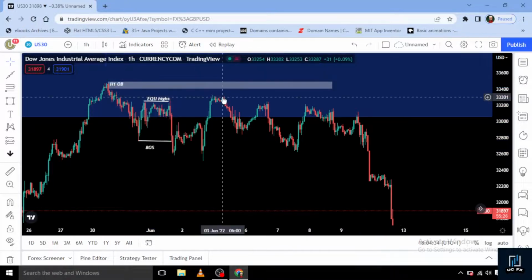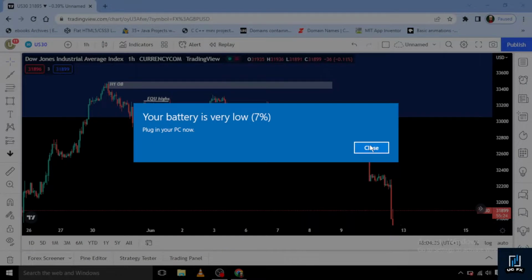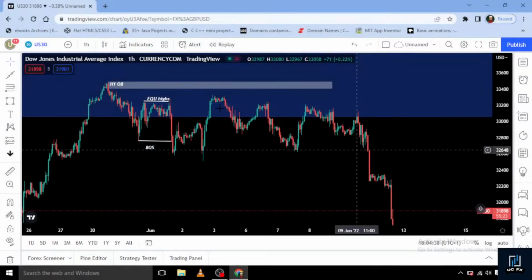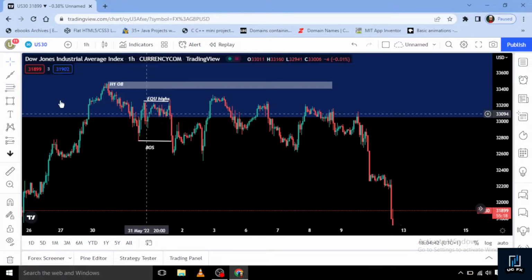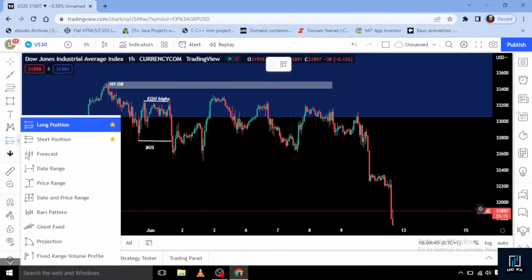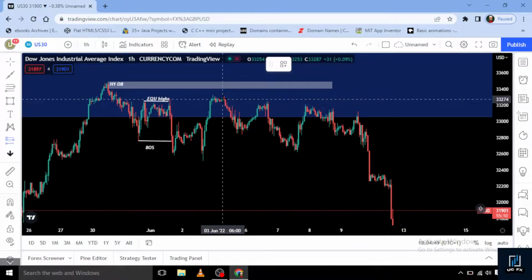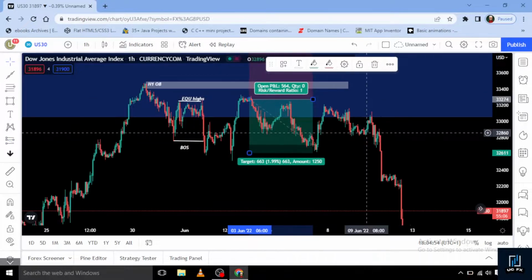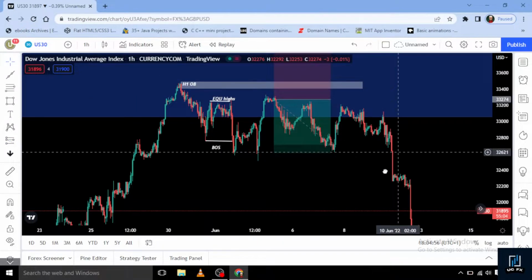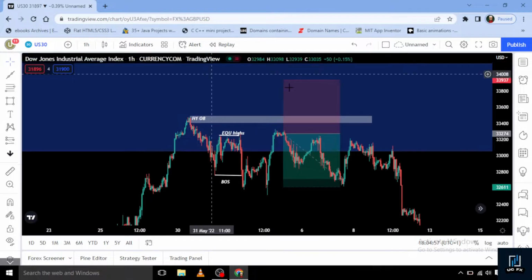So what next? This is where you actually take your entries. So you take your entries from this area, then you set your stop loss exactly opposite the H1 time frame.